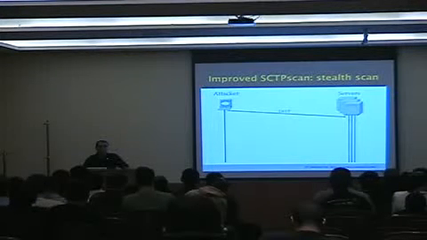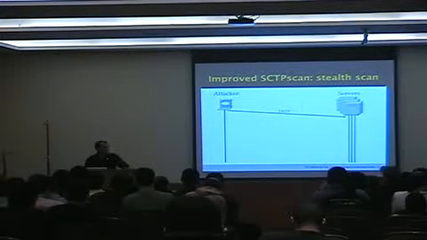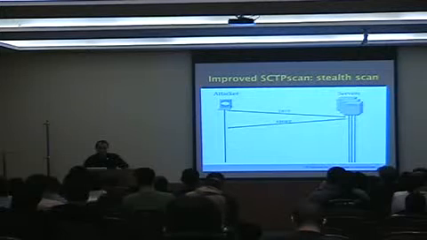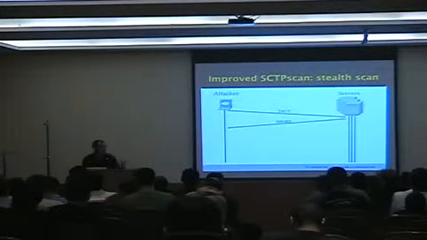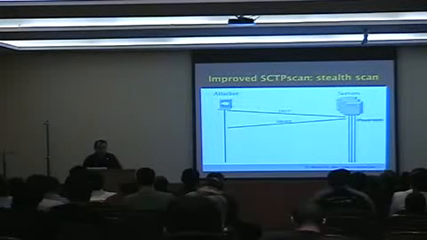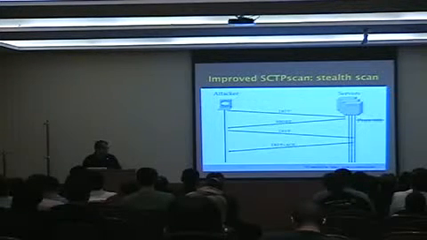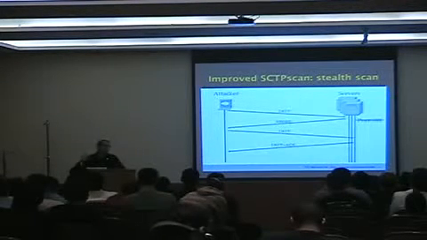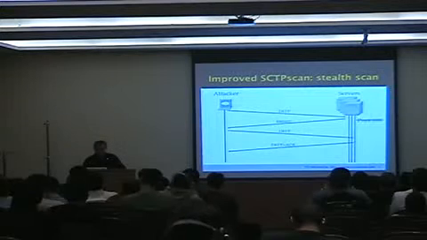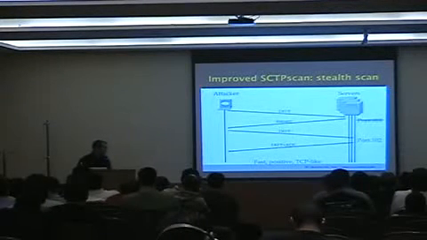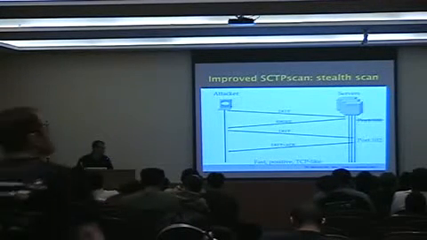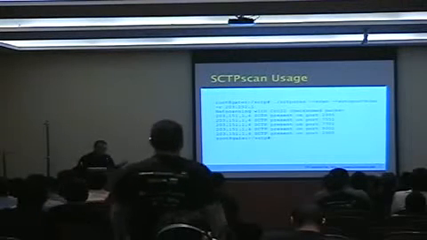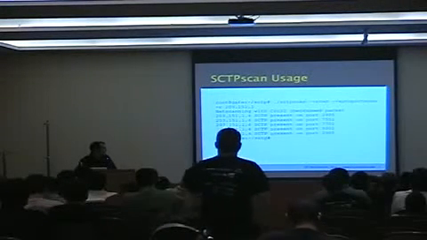Thanks to the people who implemented this stack, we get help from the remote stack, which says, oh, about what you're doing, I don't have any port open. So we can do a stealth scan without completing the four-way handshake and still map very quickly and very accurately which are the entry points on the network. Here, it's fast, it's positive, it's like a TCP SYN scan. So you can try it at home.